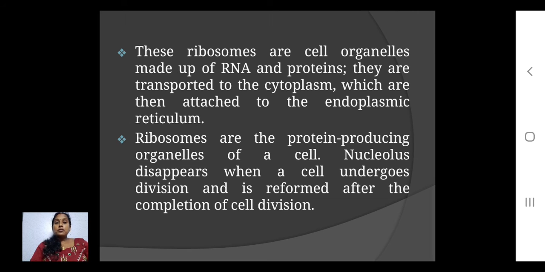The ribosomes are the protein producing organelles of the cell, and the nucleolus disappears during cell division. Once the cell matures, it is going to divide. From the parent cell, the daughter cell synthesis takes place, and the genetic information must be transferred from the parent cell to the daughter cells.